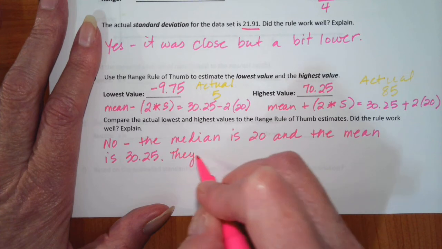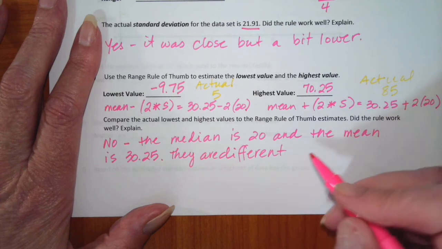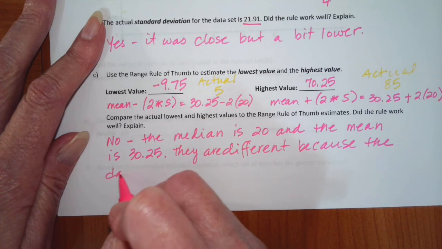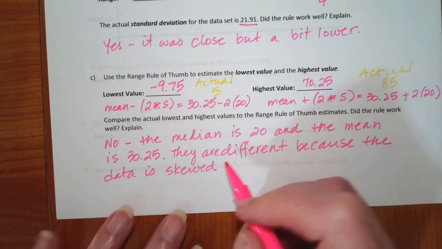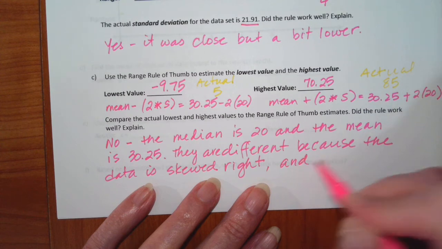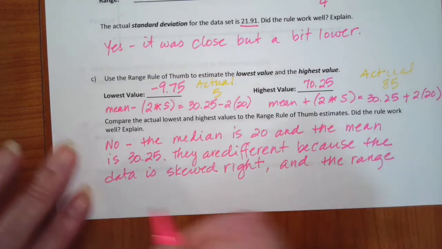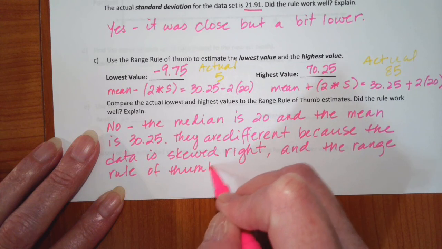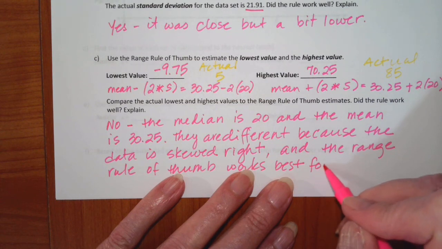They are different because the data is skewed right. And the range rule of thumb works best for symmetric data.